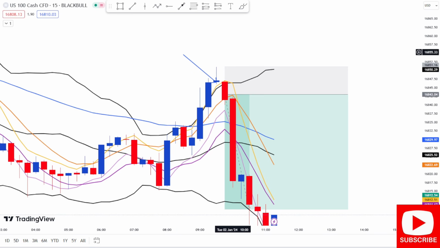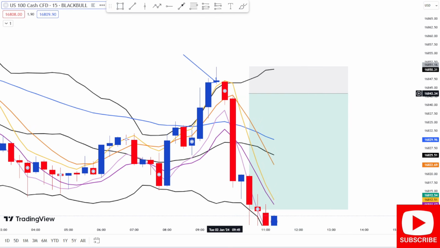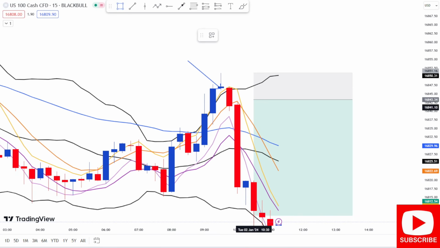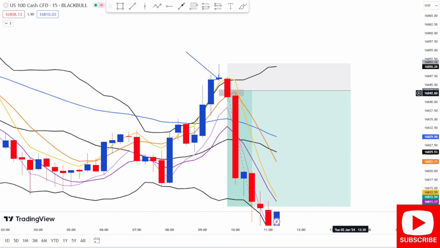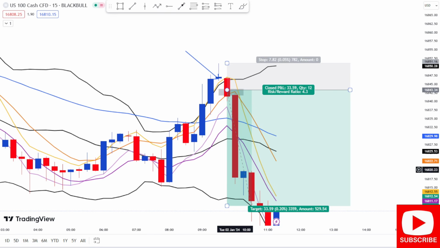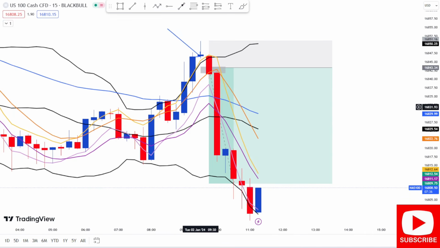So I waited for price to close within the Bollinger Band. I took my trade over here. Voila. And I held my profit. Why? Because this candle came all of a sudden and it created another condition in the BBMA, which I am not going to talk about today.